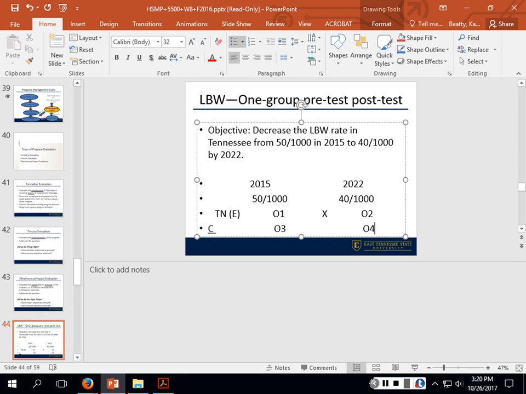And notice I underlined the C in this case to indicate that it's a comparison state, not a control group. If this was a control group, we would indicate it with a C, but not underlined. Okay?